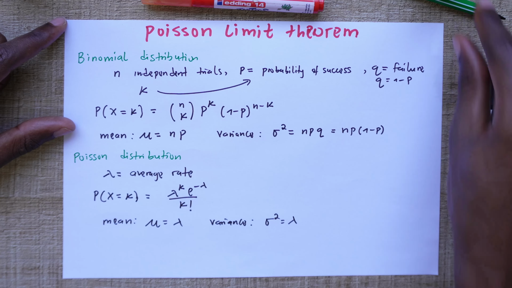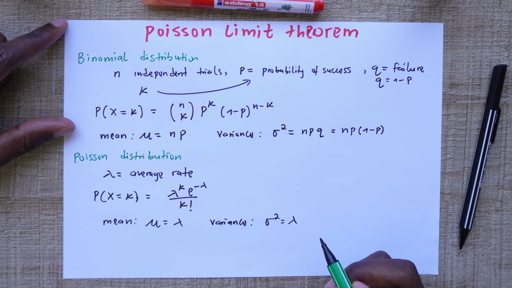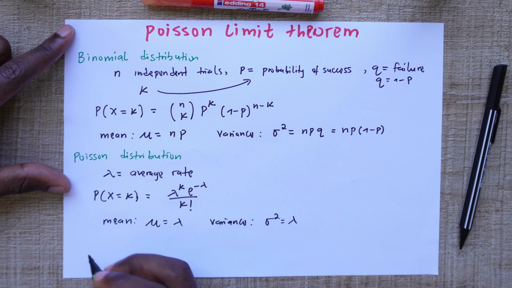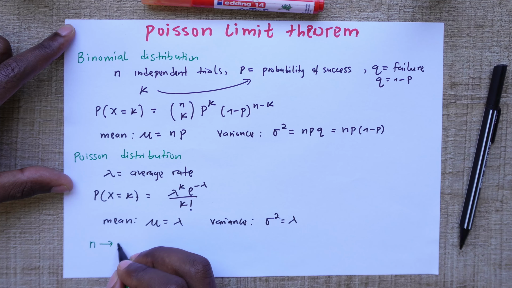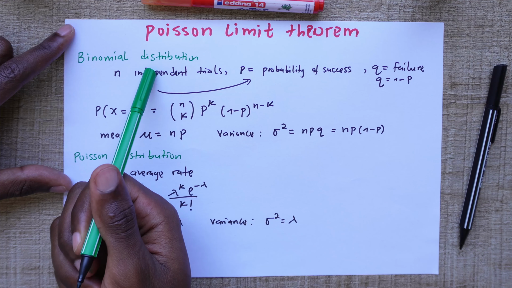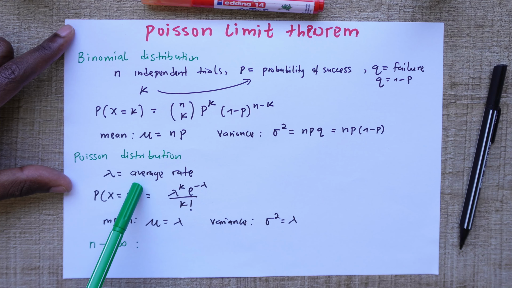So the Poisson limit theorem tells us that if n, which means the number of trials, is very large, so if n tends to infinity, then the binomial distribution turns to a Poisson distribution.